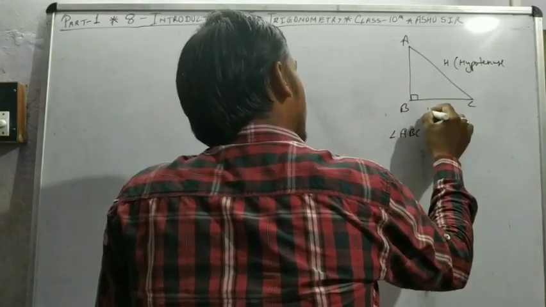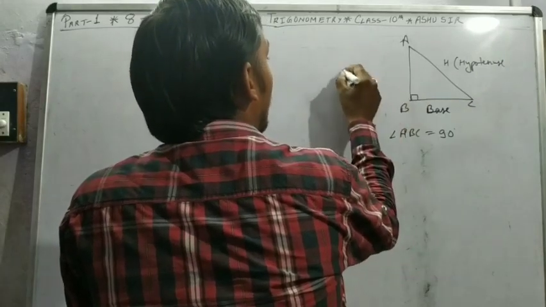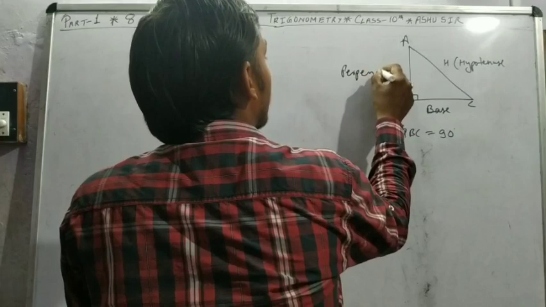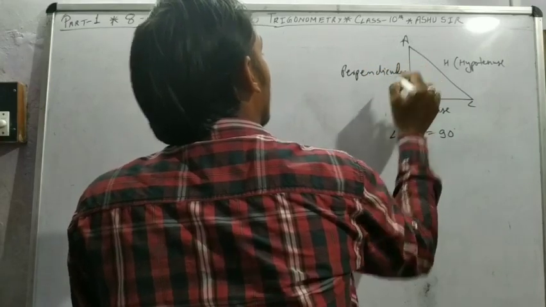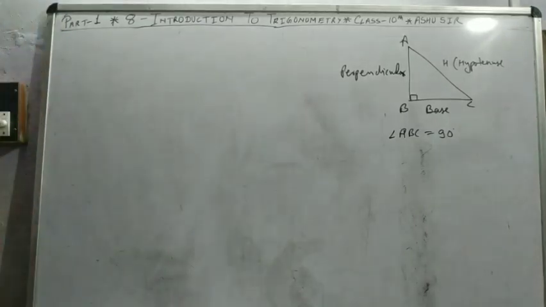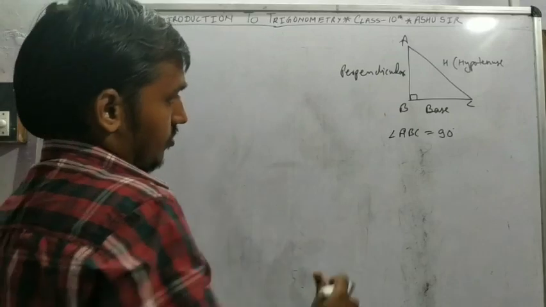One side is the base, another is the perpendicular. Now you know these two are also fixed. Perpendicular and base are also fixed.